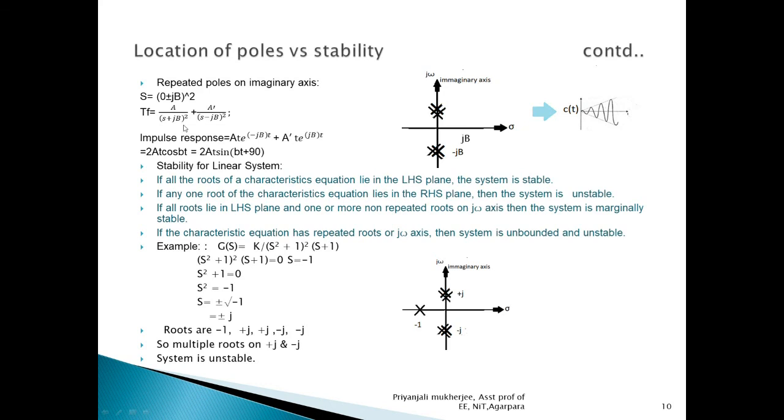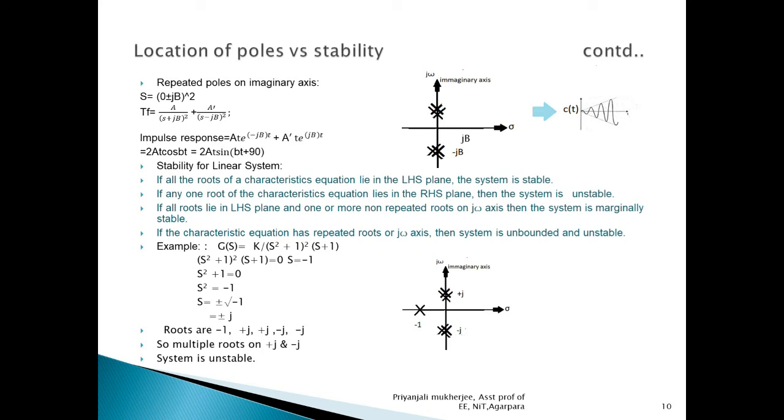Here the sigma part is 0 because both are located on the imaginary axis, so there are no real values. If we calculate the impulse response, we get 2At cos(dt). If you plot this, c(t) looks like this, and this response is unstable because it is not bounded within the region.